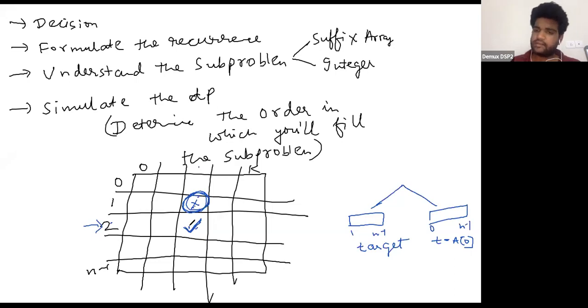Do you understand this? This is important, that's why. And what is the other value that you are filling? The other value you are filling from somewhere here, right? One of these values, which is t minus a0 for the same suffix array. Correct? One of these values. So you are using these two values to fill this value. So what is one strategy or one order in which you could fill this space of subproblems?